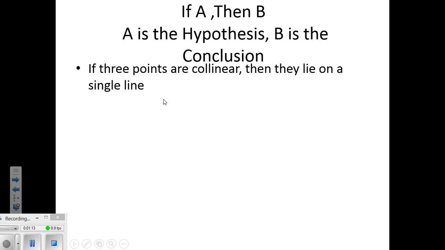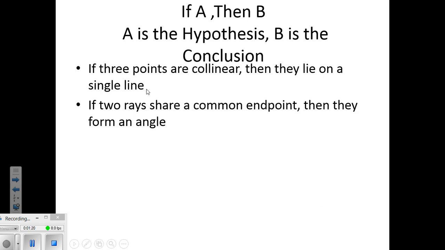If three points are collinear, then they lie on a single line. So the hypothesis, 3 points are collinear, conclusion, they lie on a single line. If two rays share a common endpoint, then they form an angle. So the hypothesis, two rays share a common endpoint.